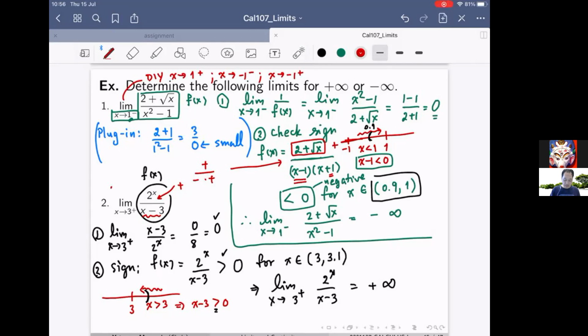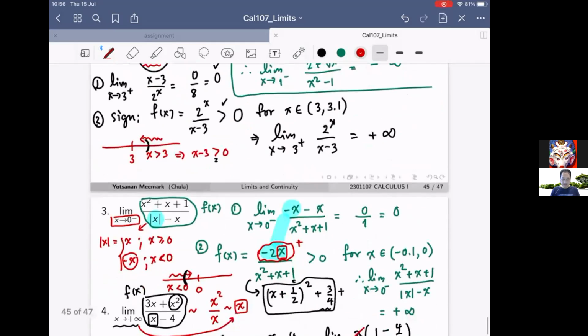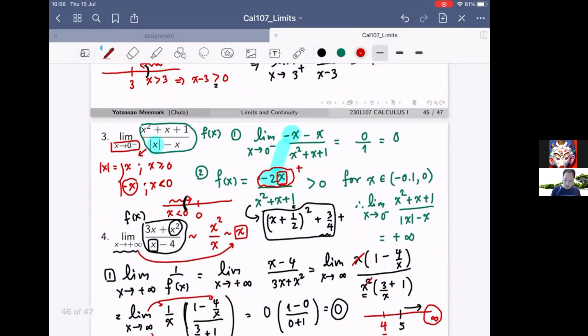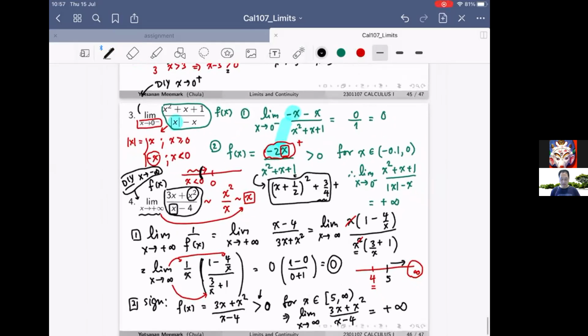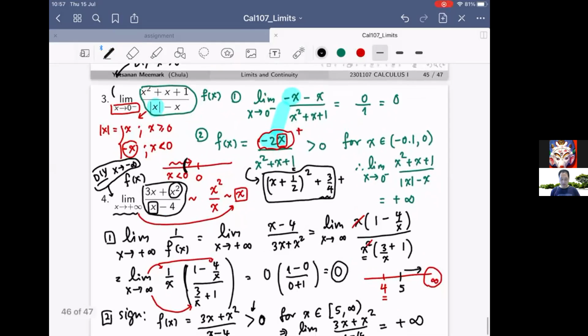This one as well, we need you to try if your x goes to 3 on the left. This one, we need you to try if your x goes to 0 on the right. And this one, we would like you to try if your x goes to -infinity. What will happen? Okay, so please try all this so that we know whether you really understand what we are talking about or not.